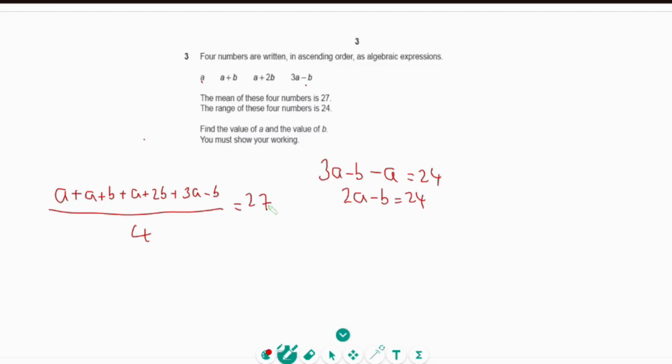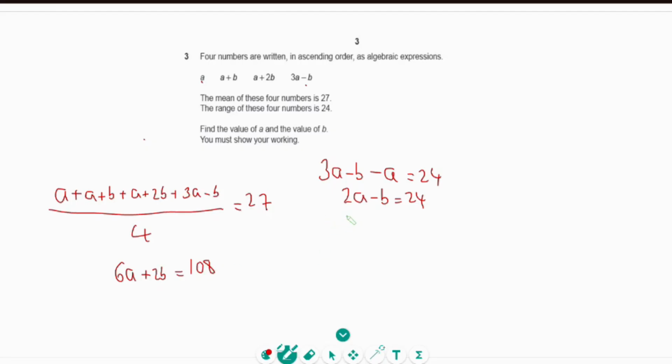I'm just going to rearrange this equation, making a and b the subject. I'm going to times both sides by 4, and simplify the top at the same time. If I collect like terms on the numerator, I get 6a, plus b minus b disappears, but I've got plus 2b. Times both sides by 4 to get 108.